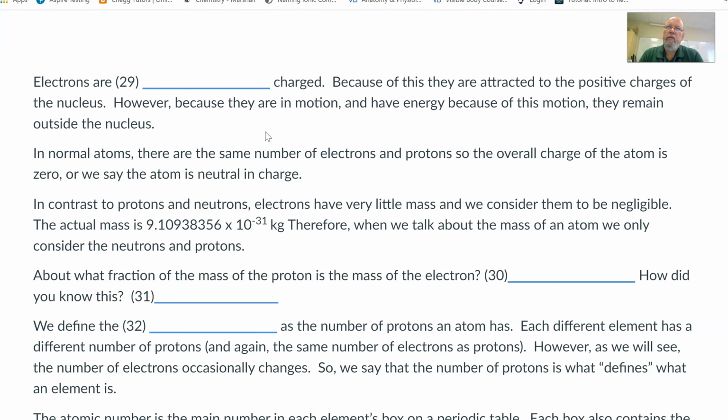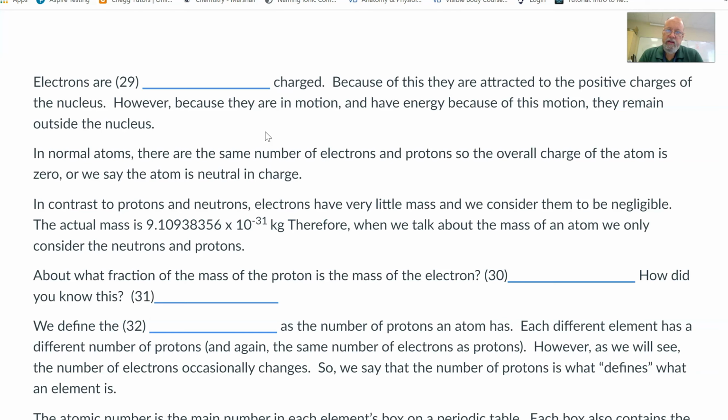We know that a difference of 1 in the exponent represents a factor of 10. So if I had 1 times 10 to the negative 29th and 1 times 10 to the negative 30th, the difference would be 10. The thing that was 1 times 10 to the negative 29th kilograms would be 10 times heavier than the thing that's 1 times 10 to the negative 30th.